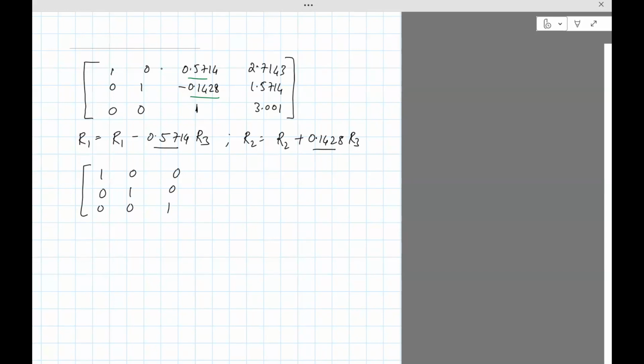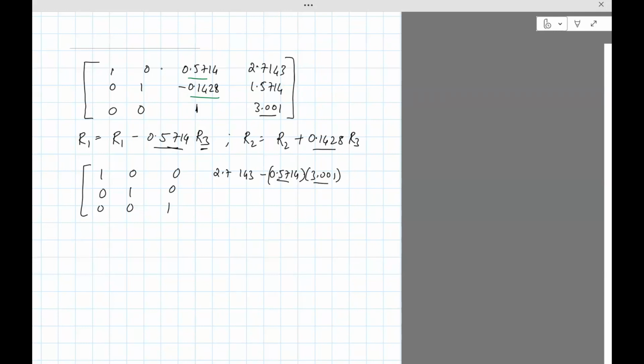Okay, we need to work with this one, so let's write it down: 2.7143 minus 0.5714 times 3.001. This is 0.5714, and that's 3.